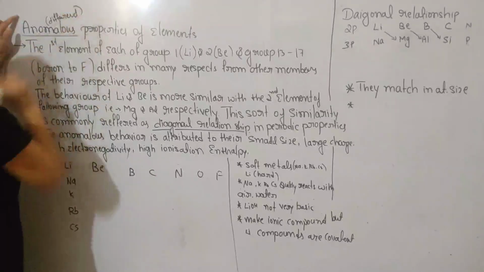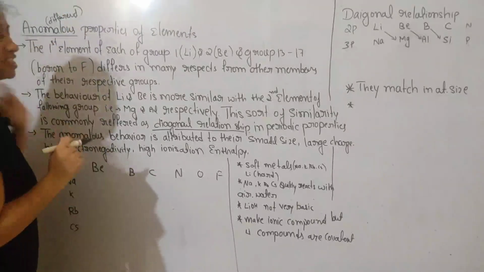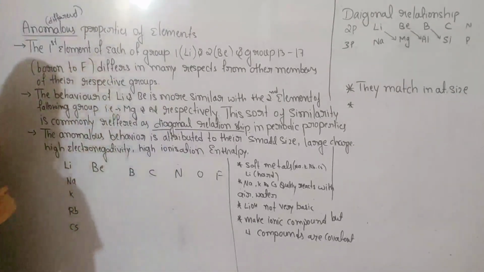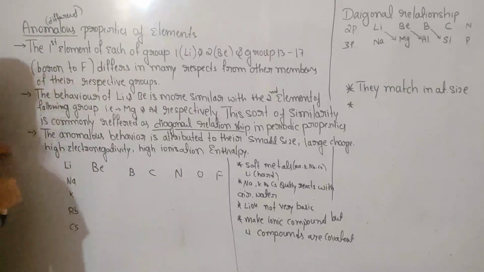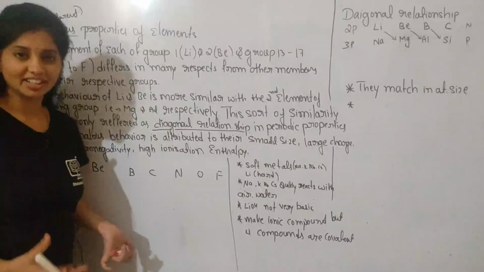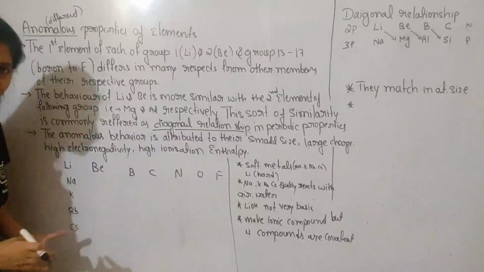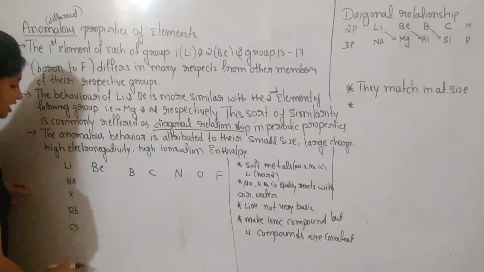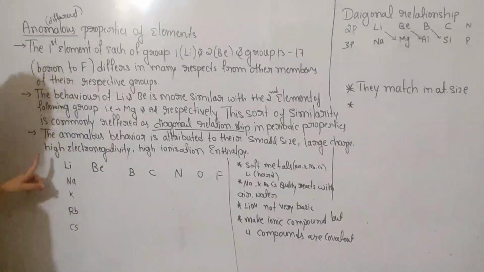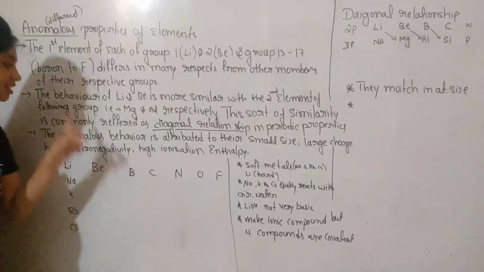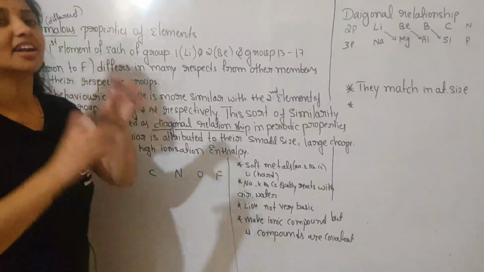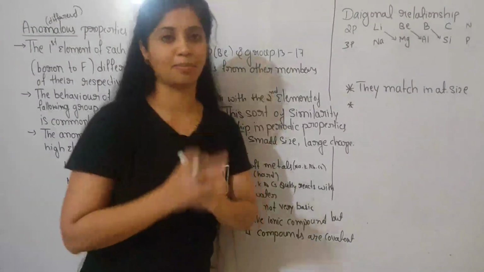in the periodic table. Just observe the second period elements. Already you have heard that the elements present in a particular group exhibit similar properties.